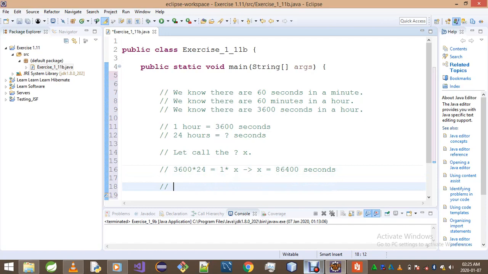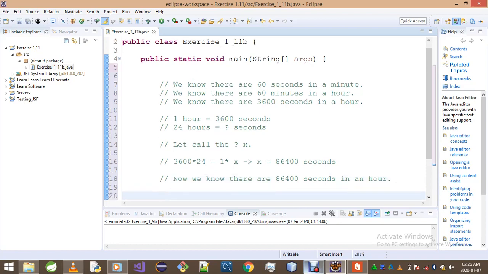Now we know there are 86,400 seconds in a day. Now we need to find the number of seconds in a year.